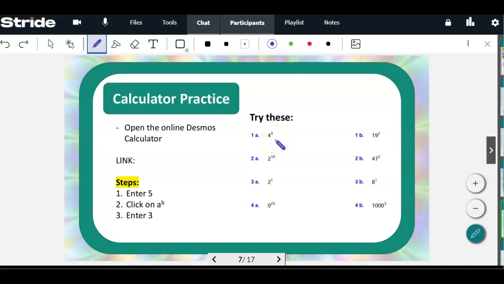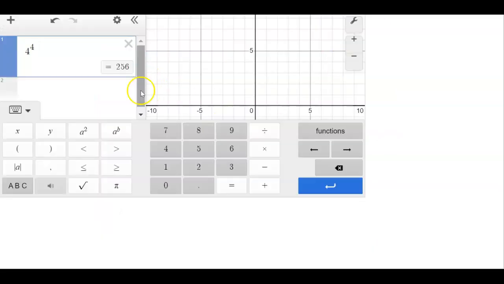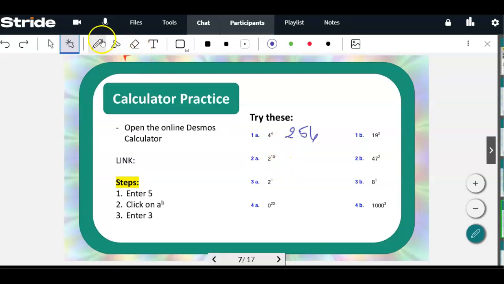All right, and I'm just going to jump around, and you can do the others that I don't put on here. So let's try 2 to the 10th power. We're going to do 2, raise that to 10. So it's 1,024, because remember that's like 2 times 2 times 2 times 2 times 2 times 2. It just keeps going.